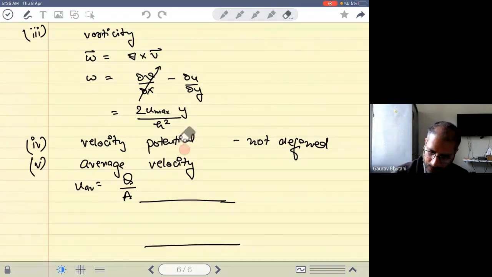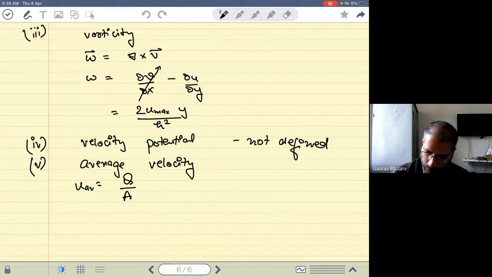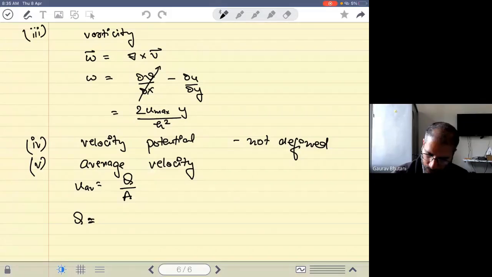Now we don't need this figure. So this Q, the flow rate: the velocity is not uniform. It is changing as a function of y. So we have to integrate the x velocity u as a function of cross-sectional area.